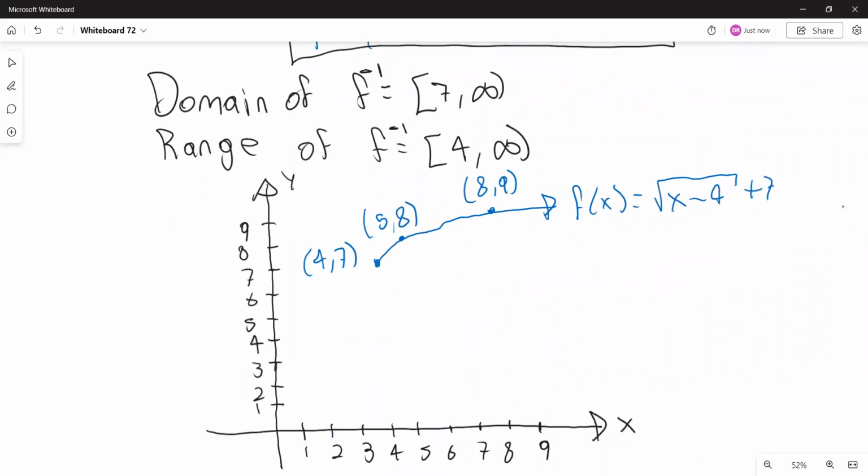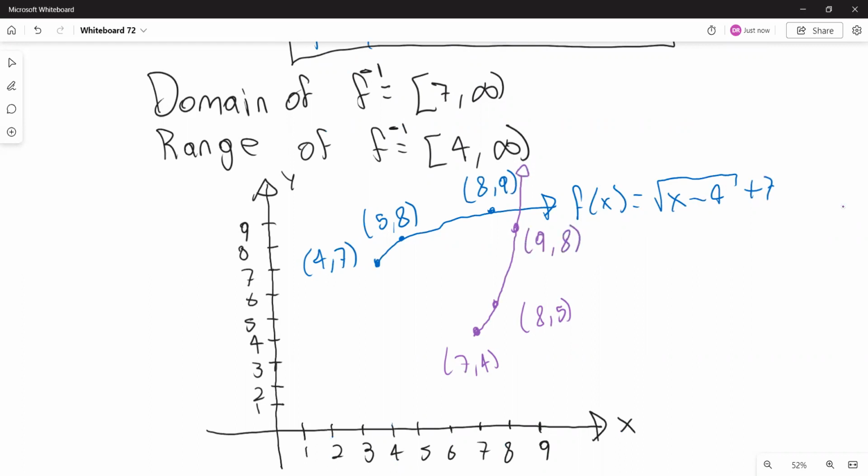So this passes through the points 7, 4, then 8, 5, and 9, 8. And at some point, they are going to intersect each other.